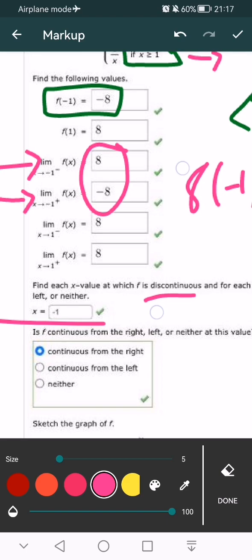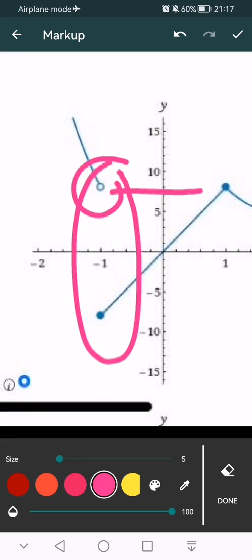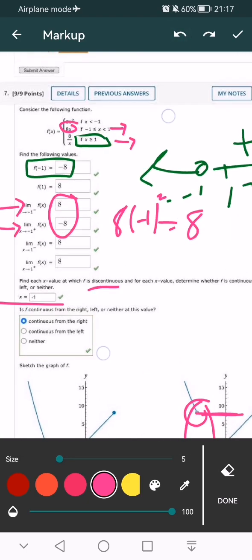There is a difference of value, as you see here: 8 and here minus 8. There is a gap, a missing connection.